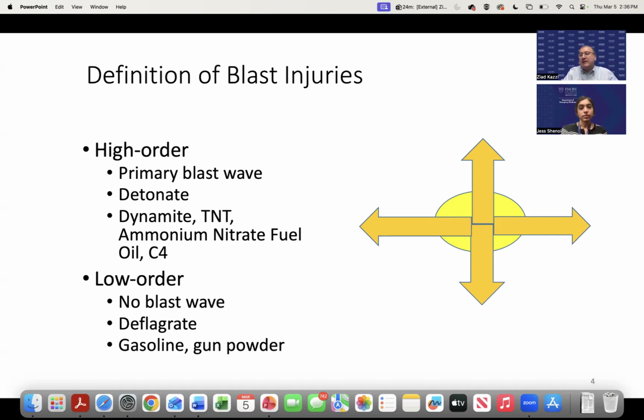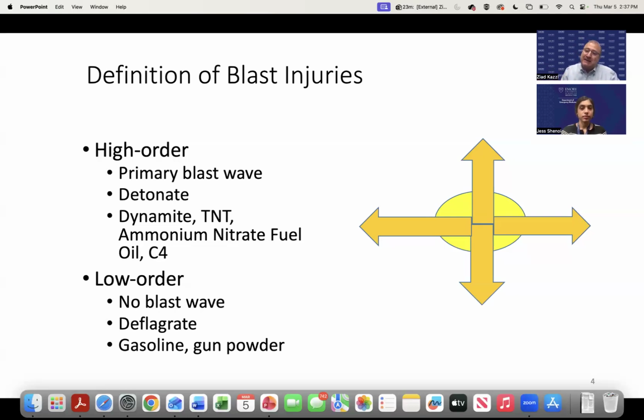Some chemicals, like gunpowder, for example, or gasoline, when they explode, they do release heat, they do release a wave of pressure, but this wave of pressure travels at a subsonic speed. This is to be contrasted with high order explosives that would also release heat and also release a wave of pressure, but this wave of pressure travels at a supersonic speed.